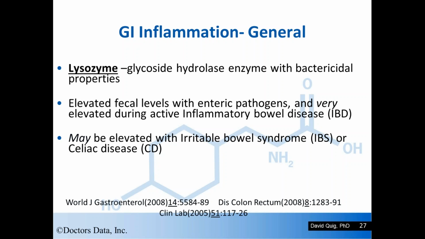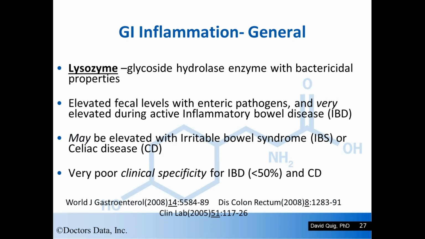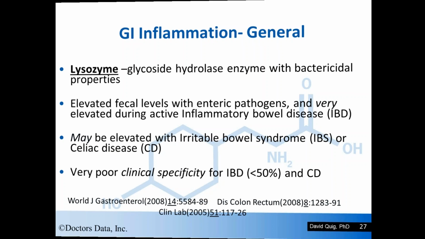And it may be elevated with celiac disease, which certainly is an inflammatory autoimmune condition. However, the lysozyme has very poor clinical specificity for both IBD and celiac disease. So certainly not used as a diagnostic marker for IBD or celiac.